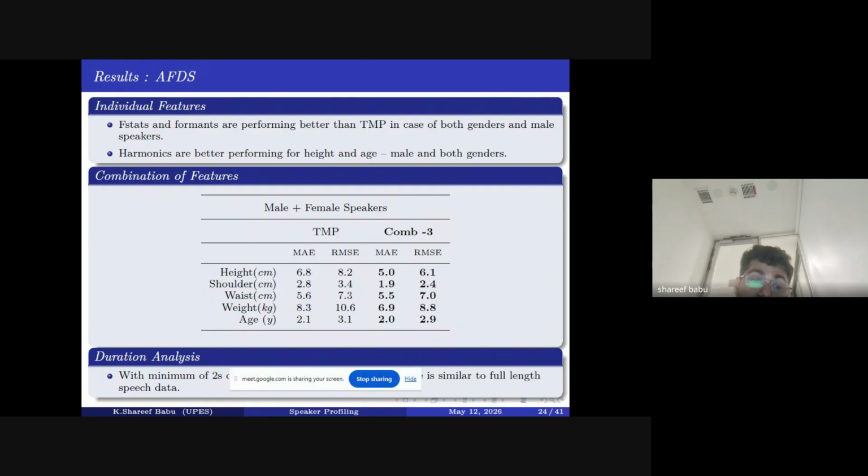We also performed the same duration analysis, since this dataset is not of restricted time duration. The AFDS dataset was collected with a maximum duration of about 2 minutes per audio, a continuous stretch of audio. For the NISP dataset, we recorded different sentences directly.